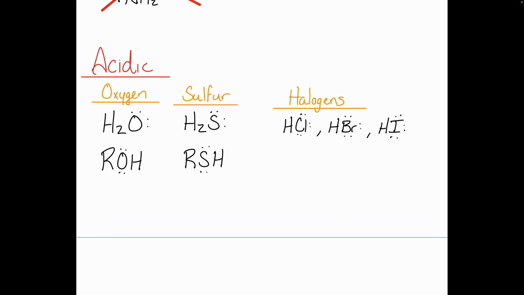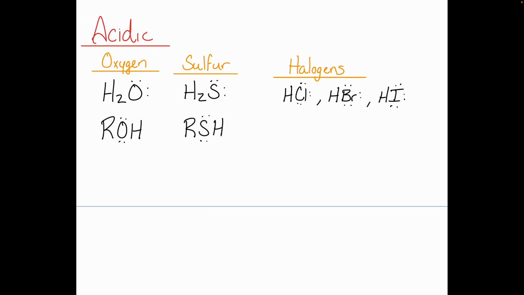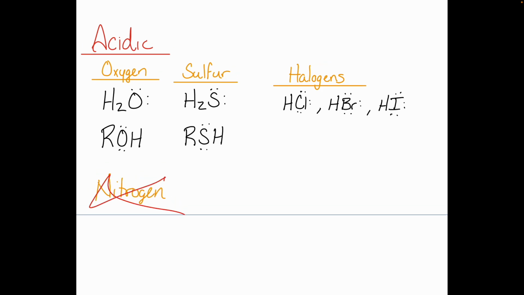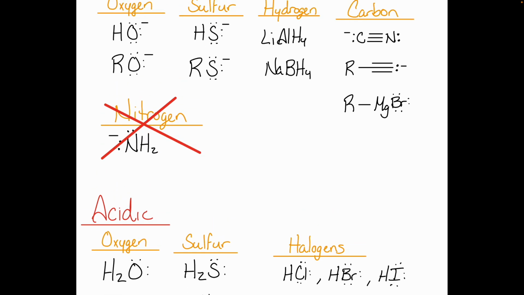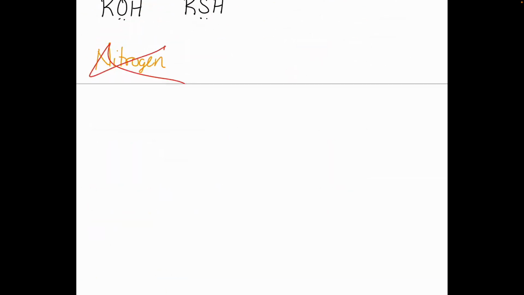We can also note that this nitrogen nucleophile did not appear down here under acidic conditions either. Right? So we had our acidic condition nucleophiles. We did not see a nitrogen nucleophile where we just took this negative charge and protonated it like we were doing with our oxygen nucleophiles.